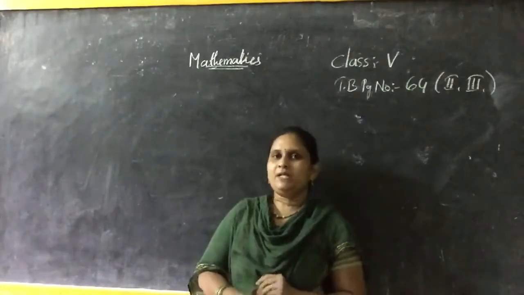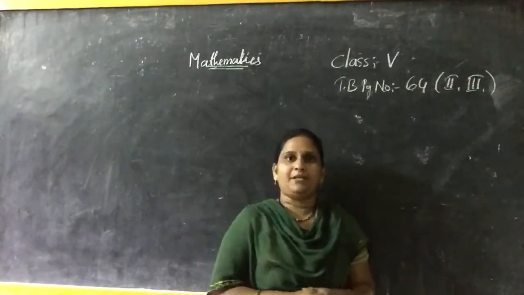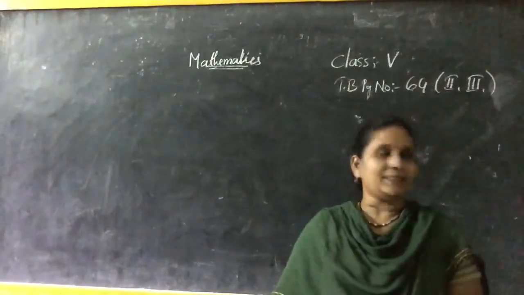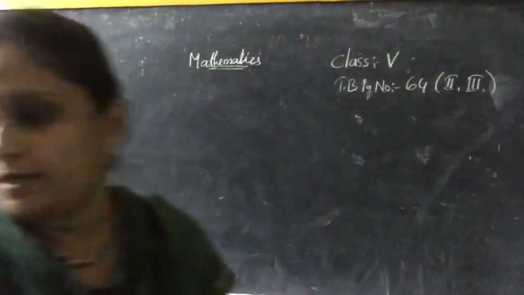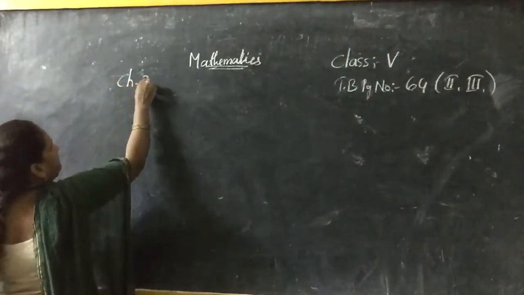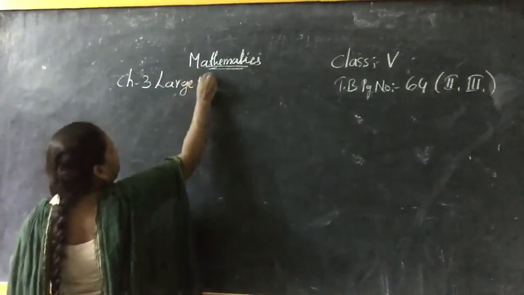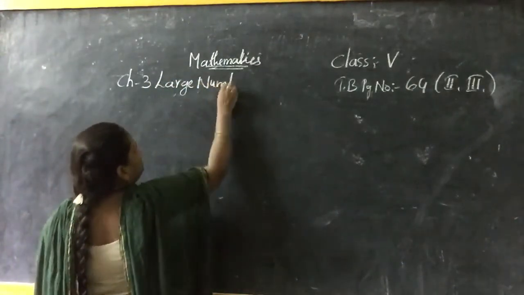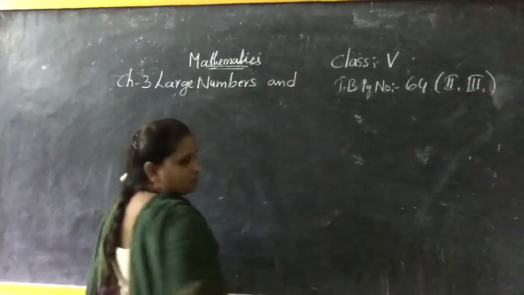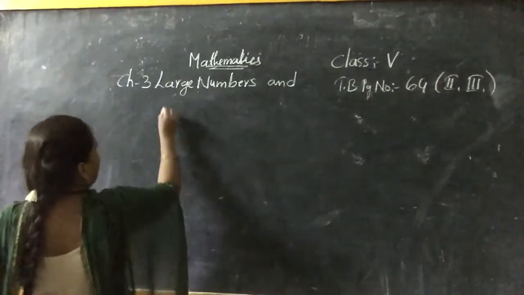Everyone open your maths classwork book and write the chapter 3 heading. What is the chapter 3 heading, children? Large numbers and the basic operations. Write the heading chapter 3, large numbers and the basic operations.